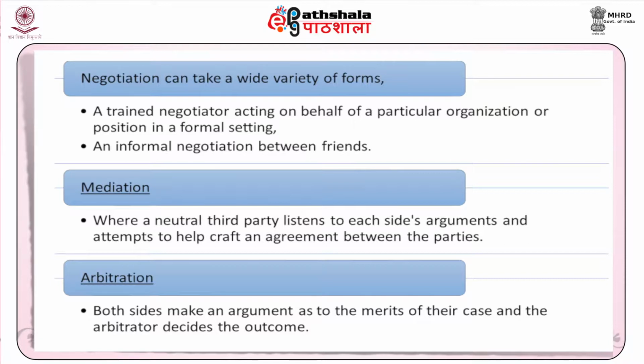It can also be compared with arbitration, which resembles a legal proceeding. In arbitration, both sides make an argument as to the merits of their case, and the arbitrator decides the outcome.